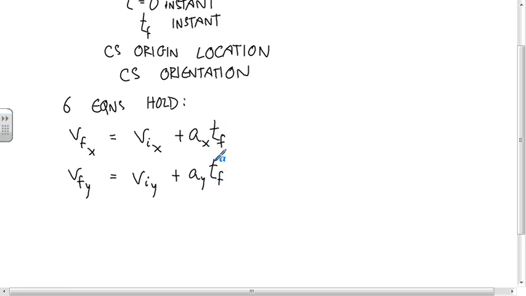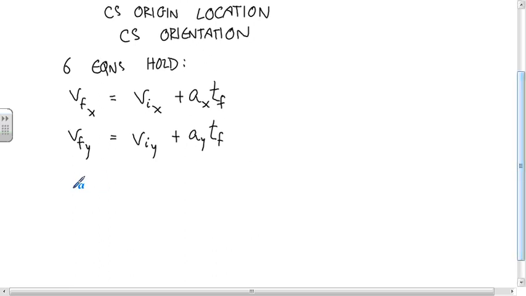Notice that the TFs don't have components, right? Time is still just time. We're going to take advantage of that in a lot of problems, because if you figure out what the time is in the x component, say, you can then use that in the y component equation.